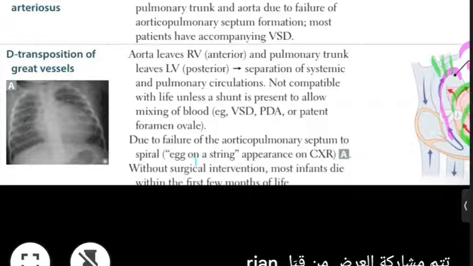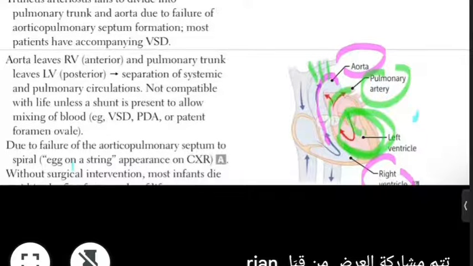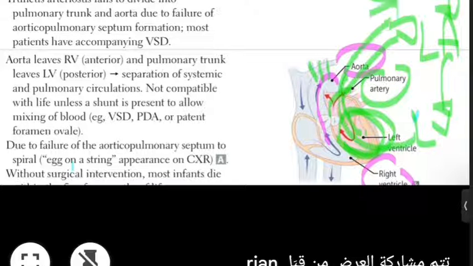Separation of systemic and pulmonary circulation. This will lead to separation of the systemic and pulmonary circulation because, you know, the blood that goes to the lung, the lung will oxygenate it and it will come back to the left atrium, and from the left atrium to the left ventricle.